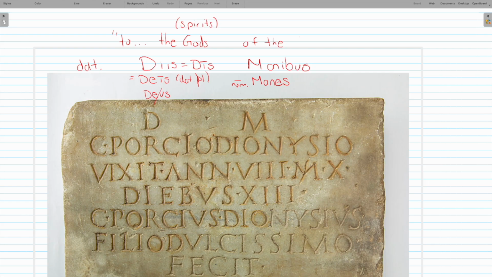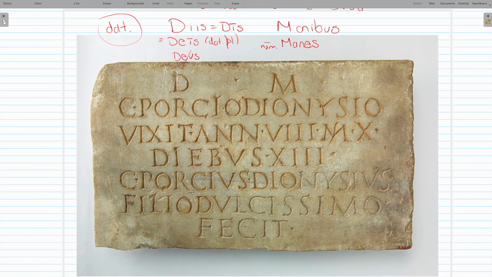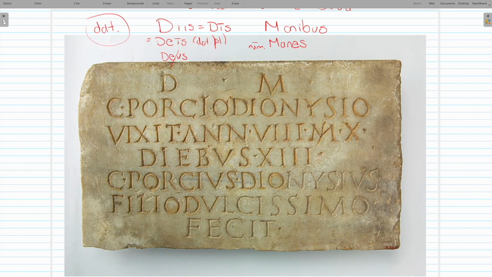That's how I would translate. And that's what this DM here stands for. Again, it's a dative because it's addressing these spirits, dedicated to the spirits of the dead in a sense. Again, it's just the idea that maybe these spirits can guide or receive the spirit of the person that just died.